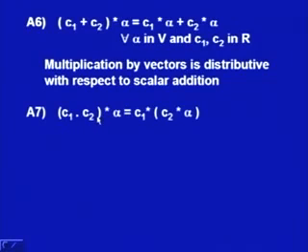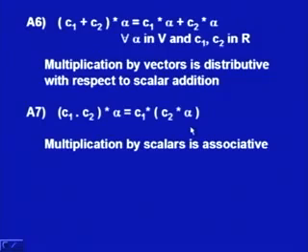Now when this scalar is multiplied by vector alpha, then what we have is C1 star C2 star alpha. That means scalar C2 is multiplied by vector alpha. This becomes a vector, and then when this vector is multiplied by the scalar C1, then we will have C1 star C2 star alpha. So this is a sort of associative property. So multiplication by scalars is associative.